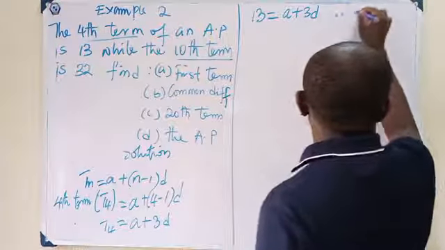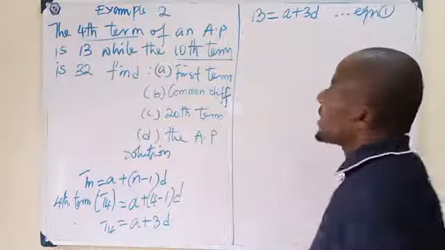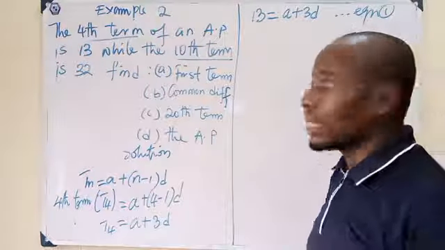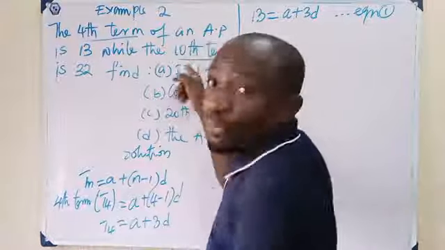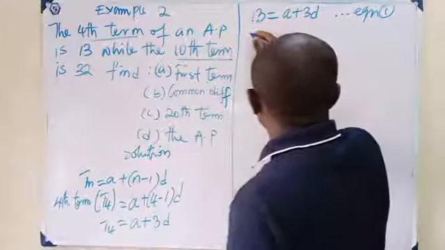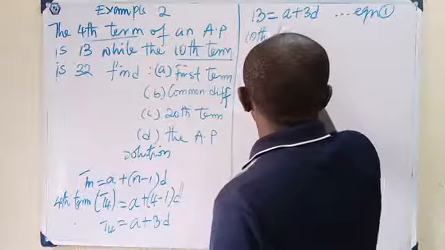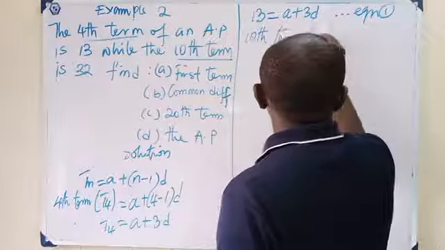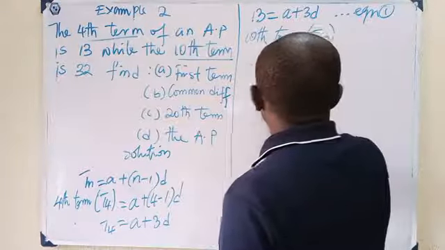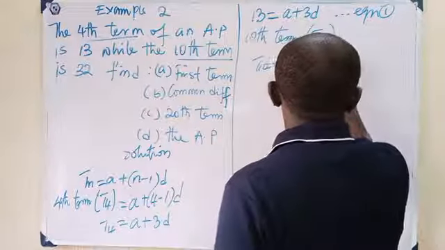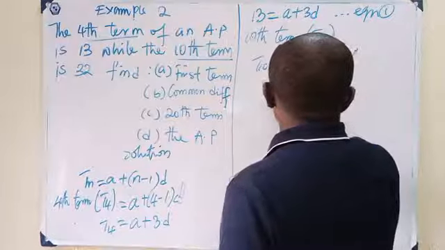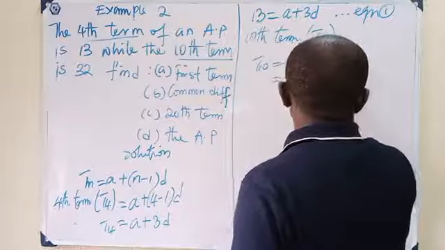You can call this equation 1. So first statement gave us equation 1. So let's look at the second one. They said that the 10th term, so we need to define this. So 10th term, which is T10, will be equal to a plus 10 minus 1 times d, which is equal to a plus 9d.